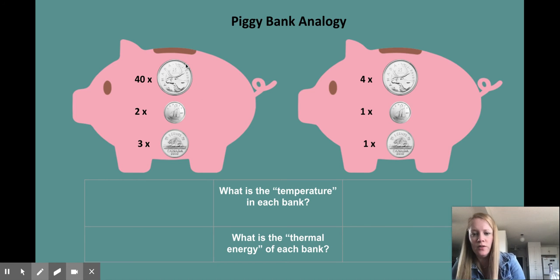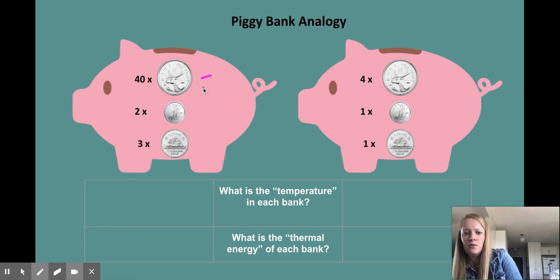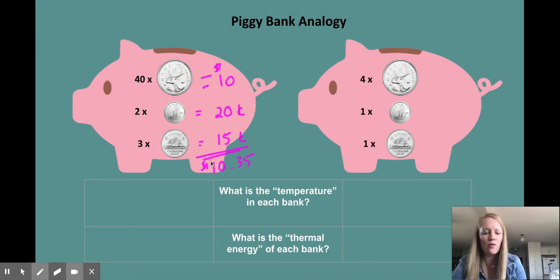So some of the particles are going to be 25 cents and there's 40 of them. So that means in value, this would be $10. The 2 dimes would be 20 cents, and the 3 nickels would be 15 cents, for a total of $10.35 in this piggy bank or bucket.